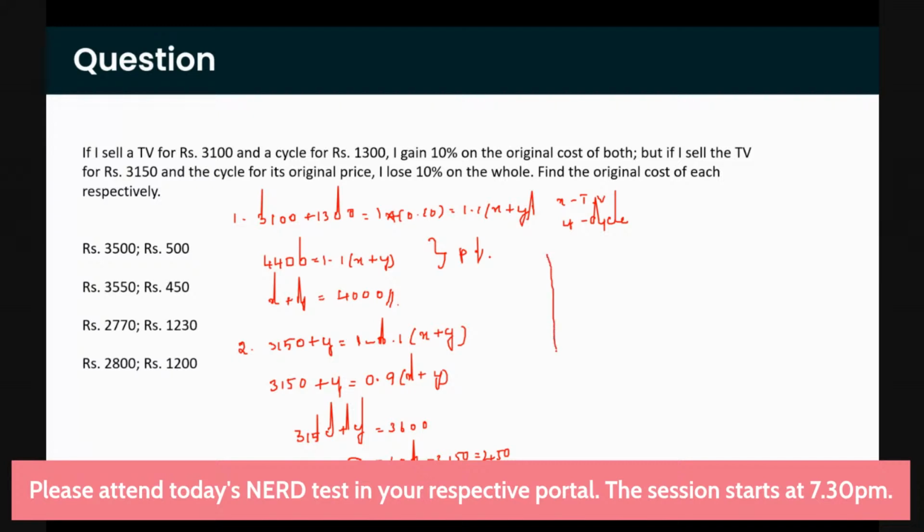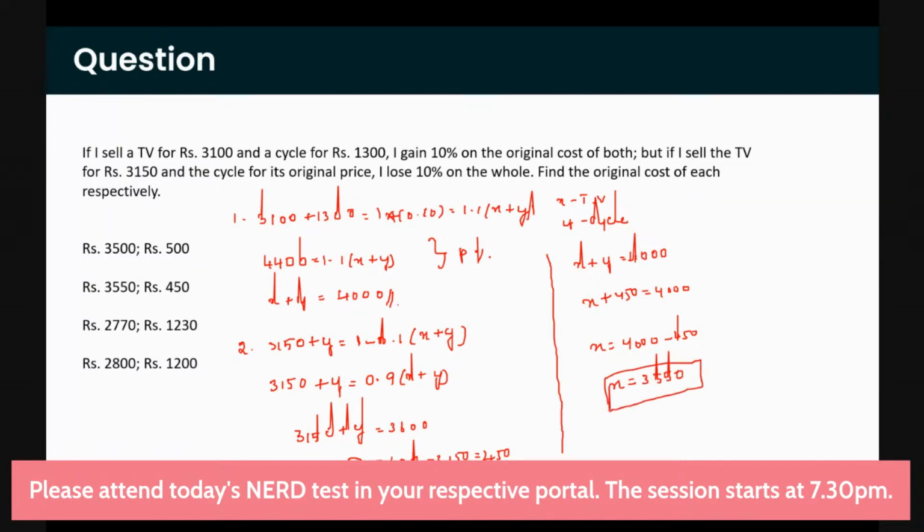Now we are supposed to calculate the original cost of the TV also, since we need to find the original cost of each. We have found the original cost of the cycle. Now we find the original cost of the TV. This is the equation x plus y equal to 4,000 from the initial profit condition. Substitute the y value: x plus 450 equal to 4,000, so x equals 4,000 minus 450, so x is equal to 3,550.